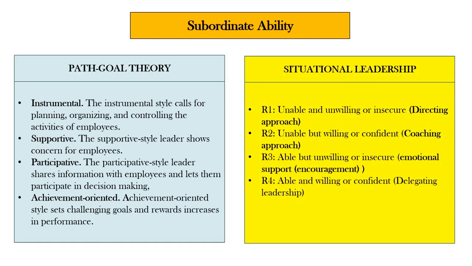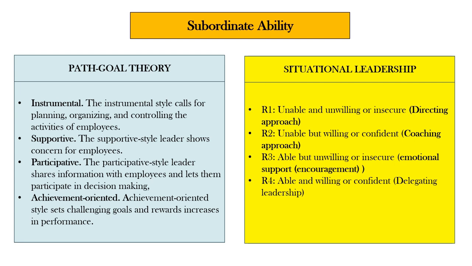We also have subordinate ability, the path-goal theory, and situational leadership. For the path-goal theory, we can use 4 types of leadership. This is based on the ability of your subordinate. You use the instrumental style for planning, organizing, and controlling the activities of employees.